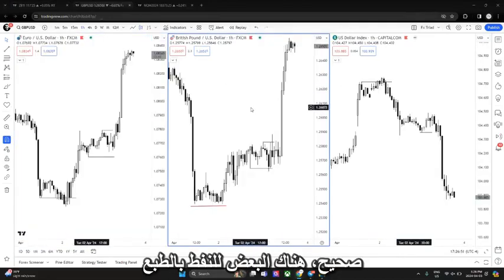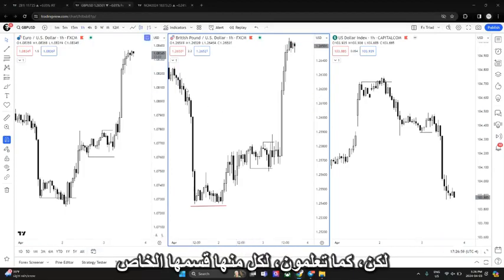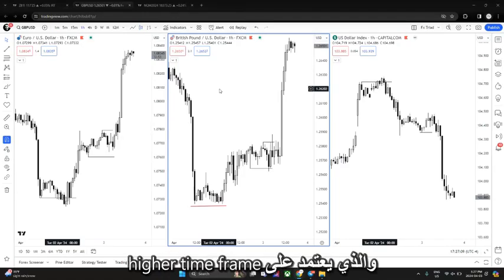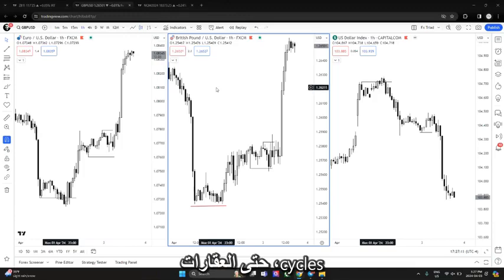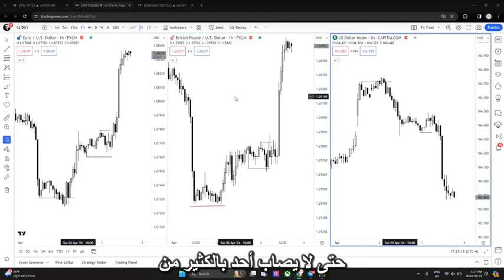There are some for oil and gold, each of them have their own respective section, which we will eventually get to. Crypto, of course, too, which relies upon higher time frame cycles, even real estate. But for now, we will stick to the main ones so no one gets too confused.